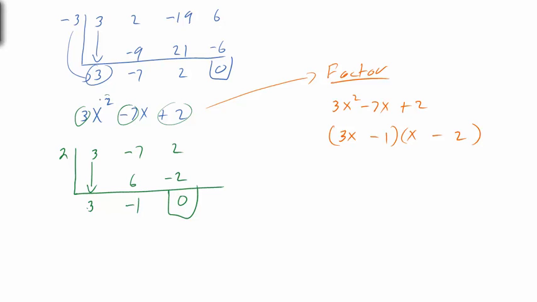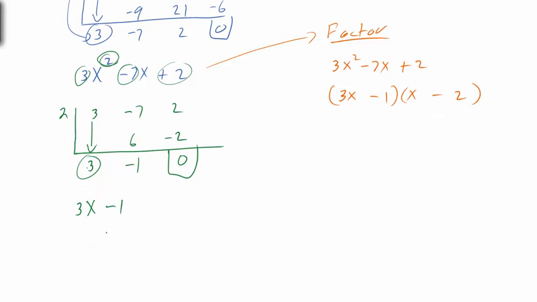Now our exponent up here was x squared. So that means now we're going to have x to the first. So our coefficient here is 3x, and then we have minus 1. So we could take the 3x minus 1, set that equal to 0, move the 1 over, divide by 3, so we would end up with x equals 1/3.